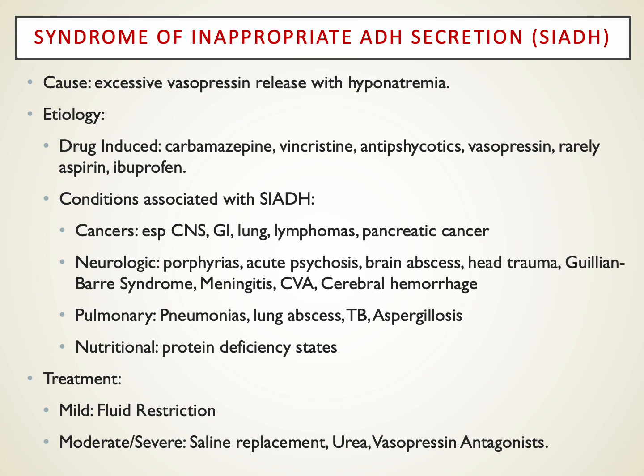And many patients, for example, for whom carbamazepine or Tegretol has worked for their seizure or their psych condition or their neuropathic pain, the issue when you see SIADH is to try to reduce their free water intake. But in more moderate or severe cases, you might require a saline replacement, urea, or a vasopressin antagonist.